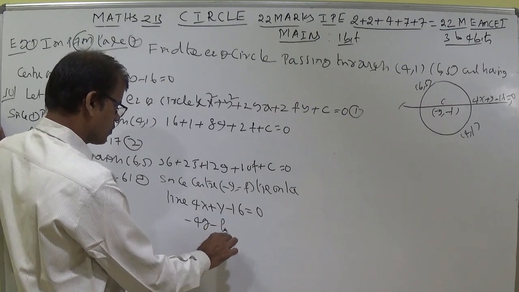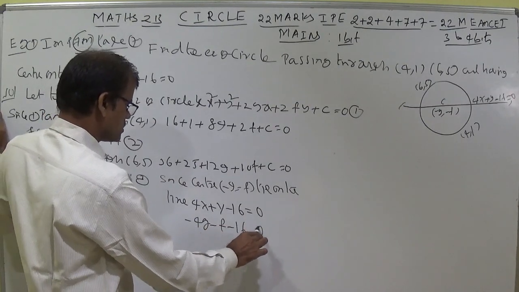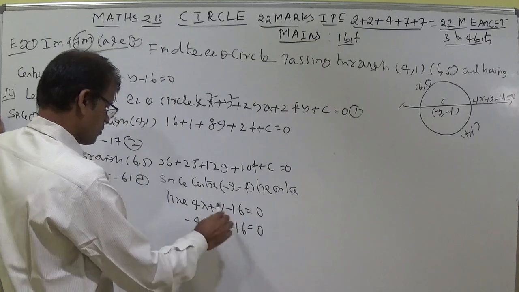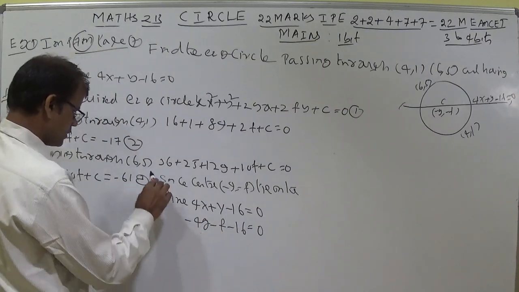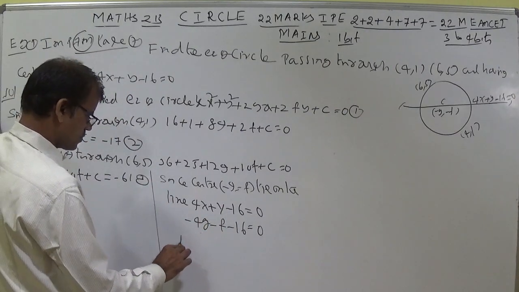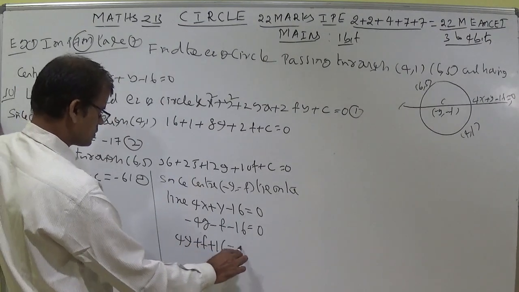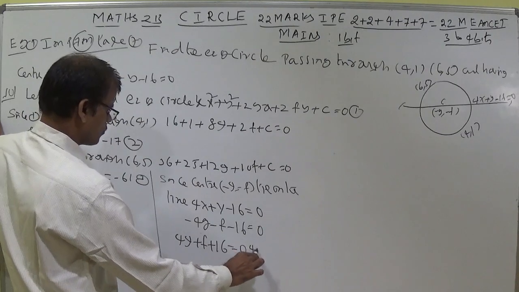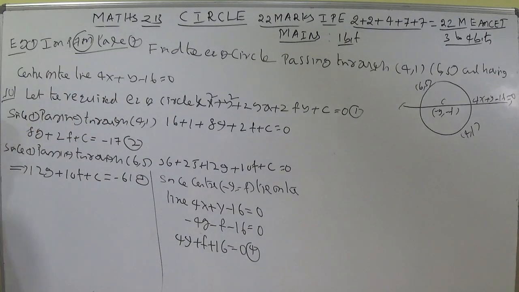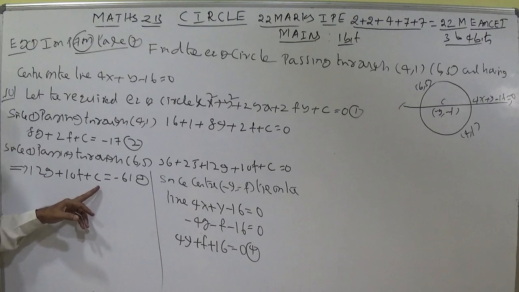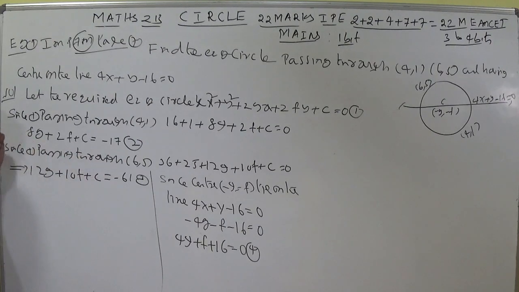So minus 4g minus f minus 16 equal to 0. By dividing with minus, we get 4g plus f plus 16 is equal to 0. It is fourth equation. Now we can cancel c using 3 and 2.